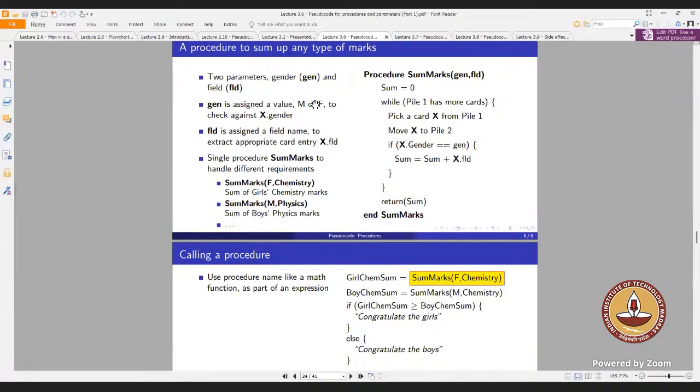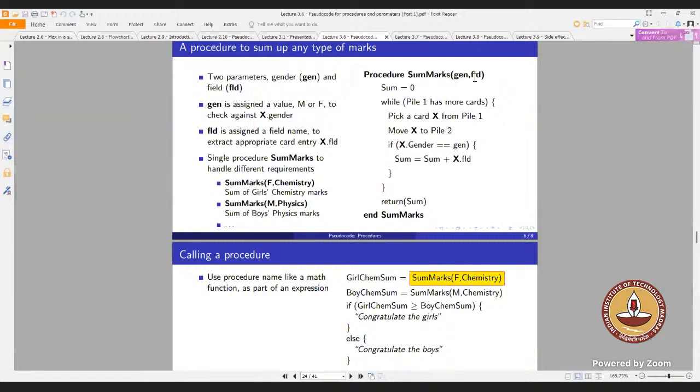That's all it means when you say it is gender for gen and field for chemistry, physics, and math marks. Field is an assigned field name to extract the appropriate card entry of x.fld. So instead of x.fld, it will do x.chemistry automatically. So x.chemistry, it will sum it up if he calls upon this.